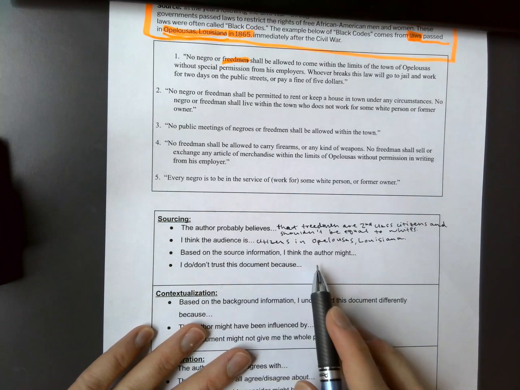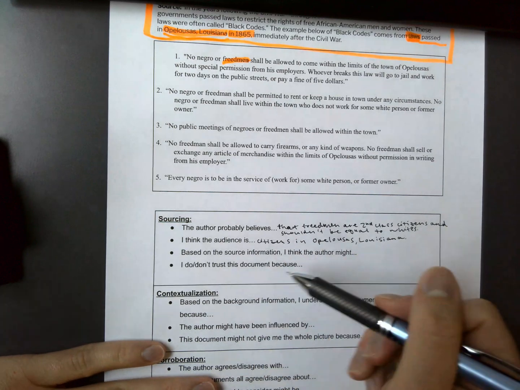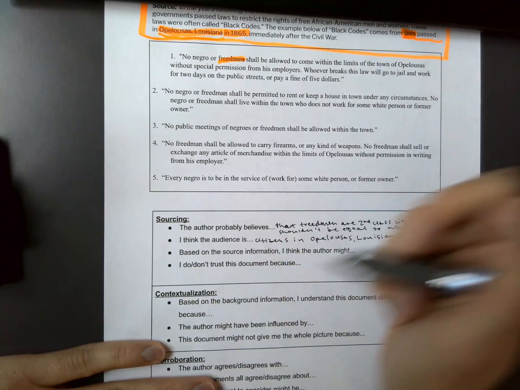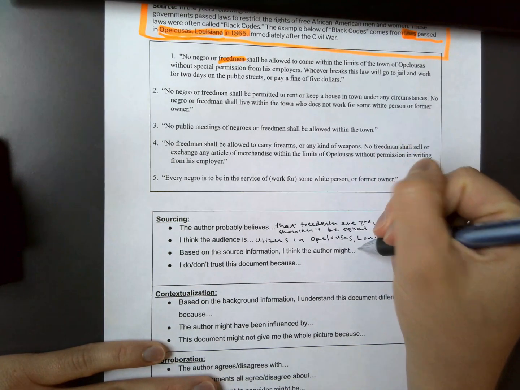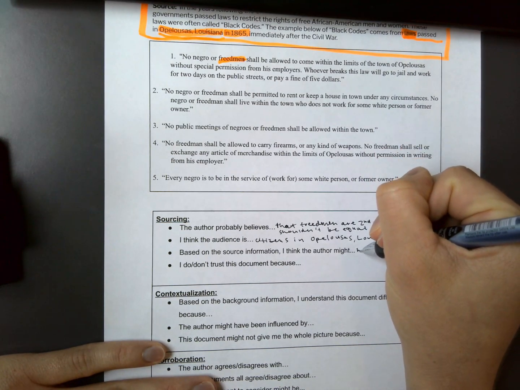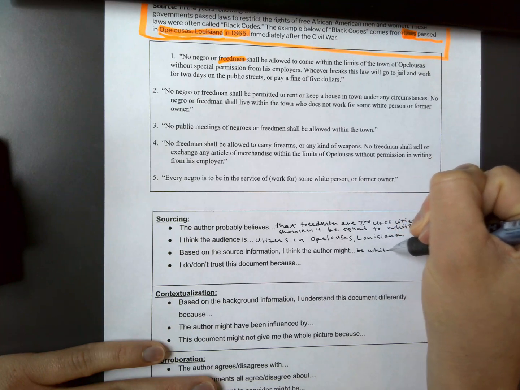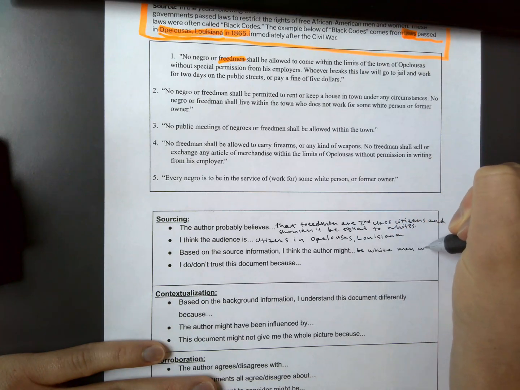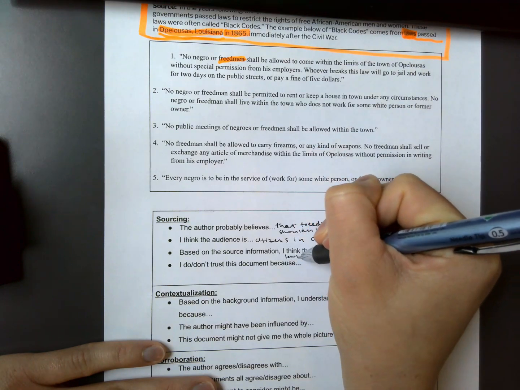Based on the source information, I think the author might, and you can really take this any way you want to, couldn't you? So based on the source information, I think the author might be white men who are lawmakers, because it's not actually stated.